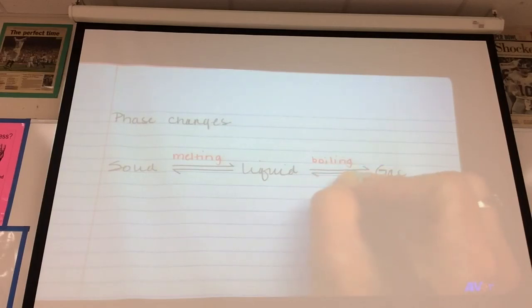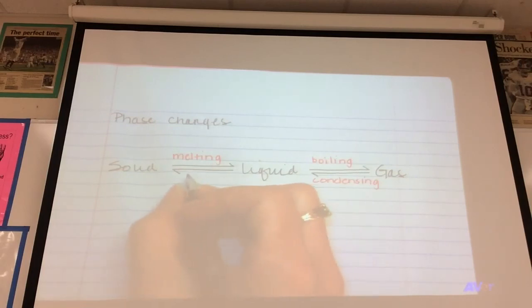boiling must occur at constant temperature and pressure. Evaporation doesn't have to. Gas to liquid would be condensing, and from liquid to solid would be freezing.